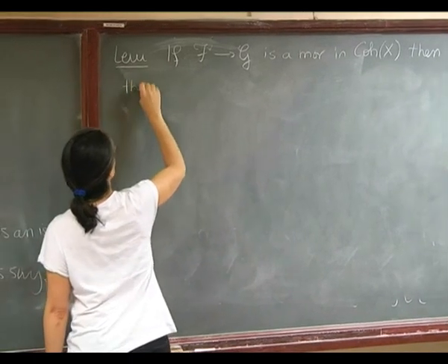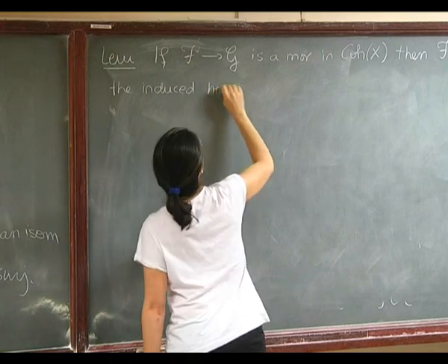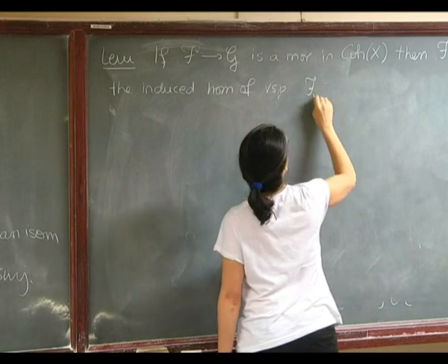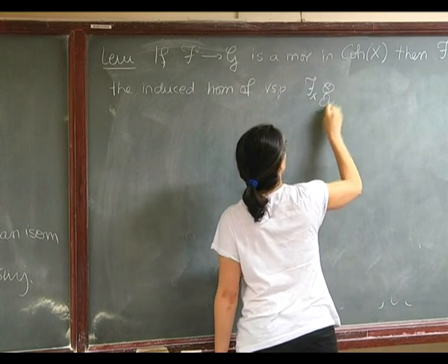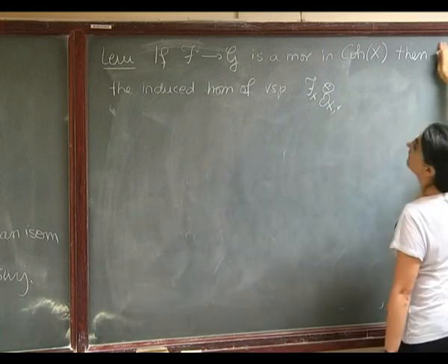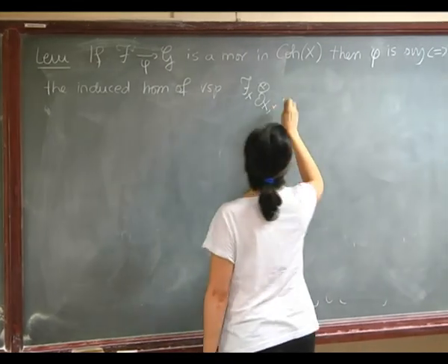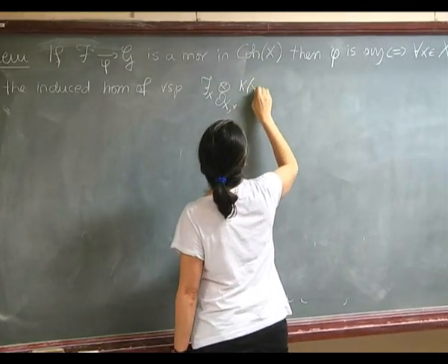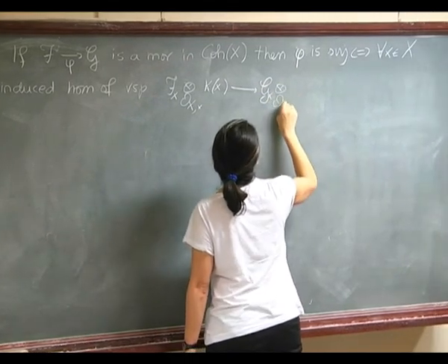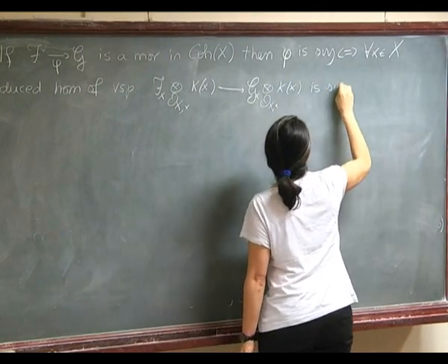The induced homomorphism of vector spaces F_x tensor... You mean phi is surjective? Sorry, phi is surjective if and only if the induced map on the fibers is surjective.